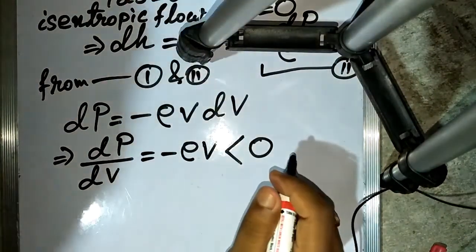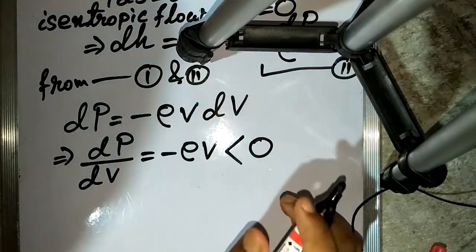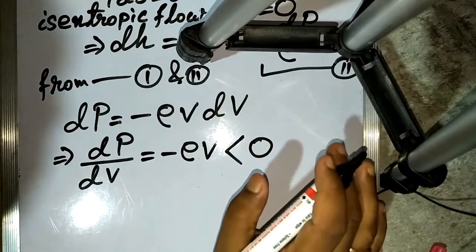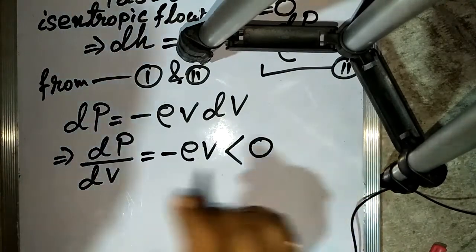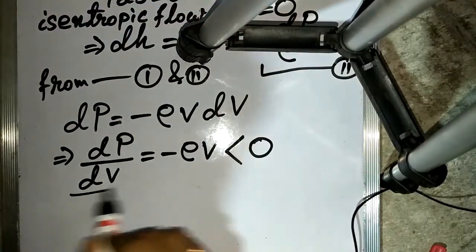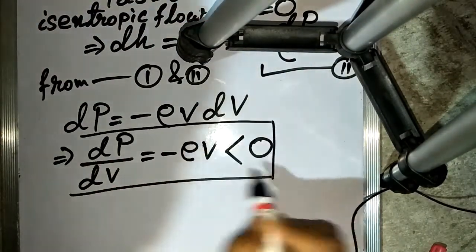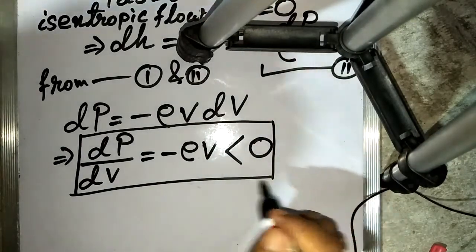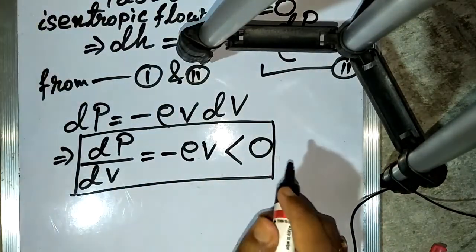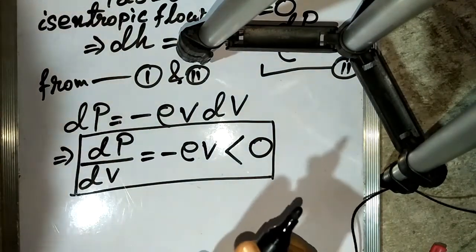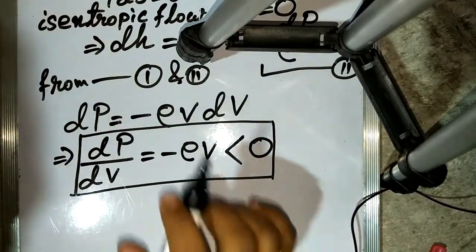That means as the pressure decreases for flow through nozzles, the velocity increases. Or vice versa, as the pressure increases, the velocity decreases.